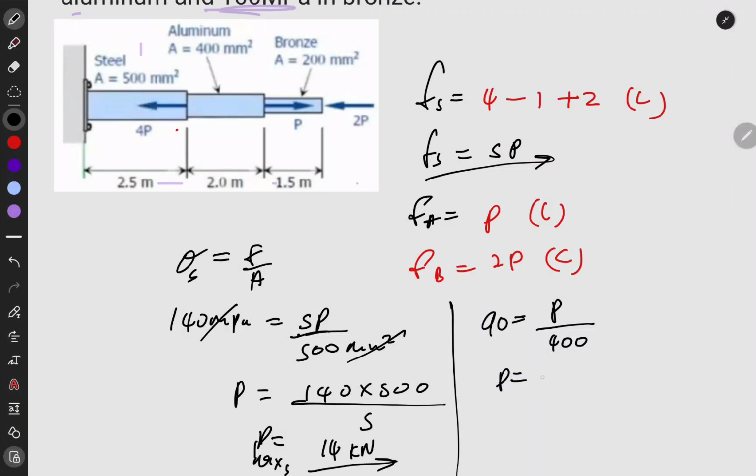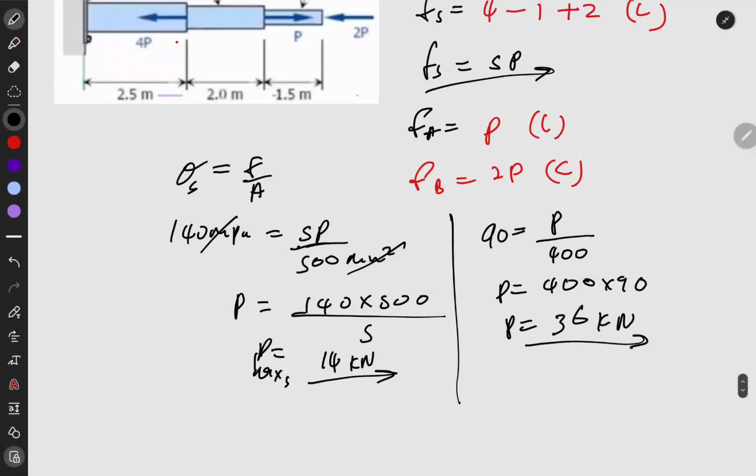Then our P is going to be 400 times 90, and for this one we're getting 36 kN. So that's really huge, almost double that one.